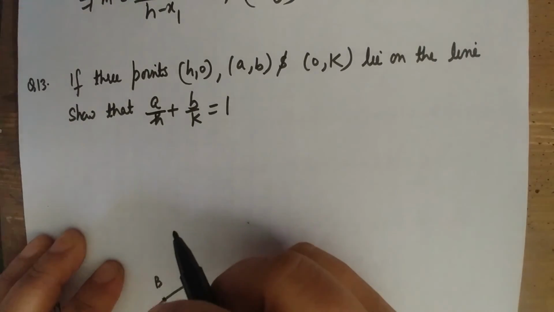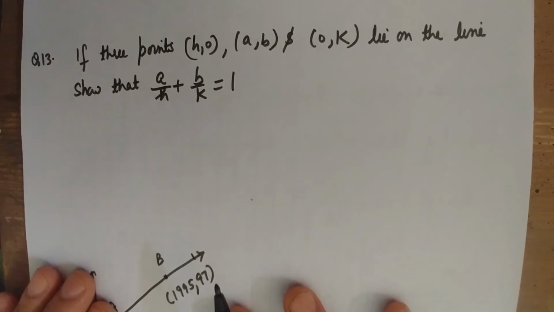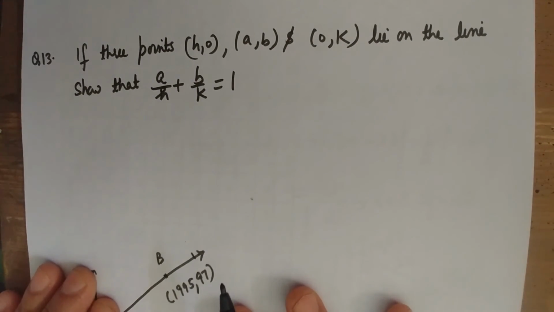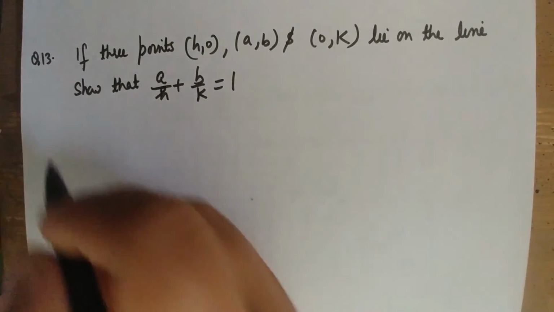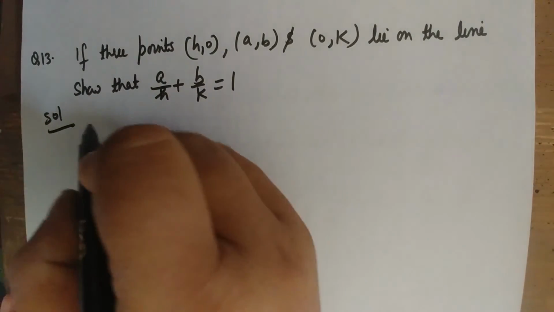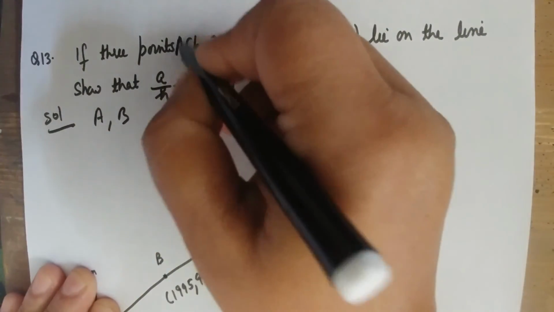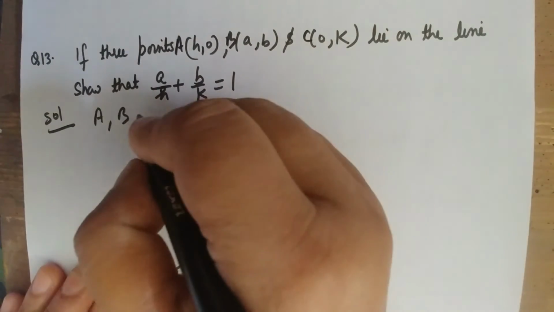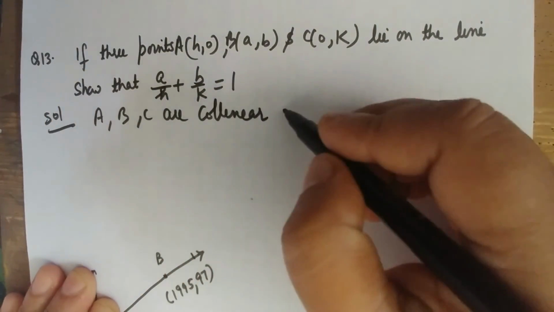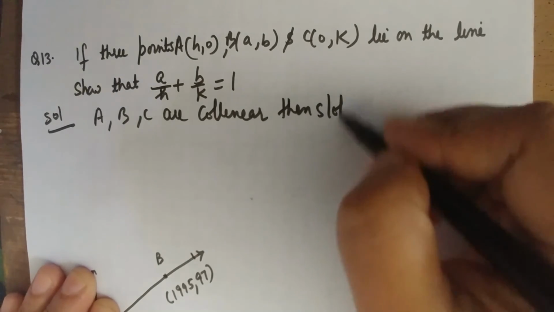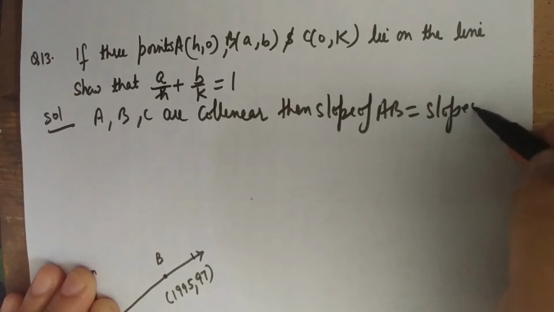Number 13: if three points h 0, a b, 0 k lie on the line, meaning they are collinear, then show that a upon h plus b upon k equal to 1. We have already done the concept of collinear points: if A, B, C are collinear, then the slope of AB is equal to the slope of BC.